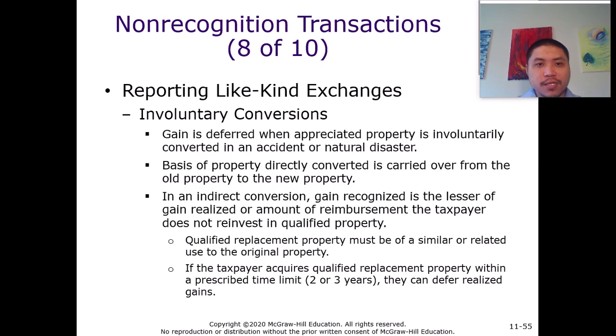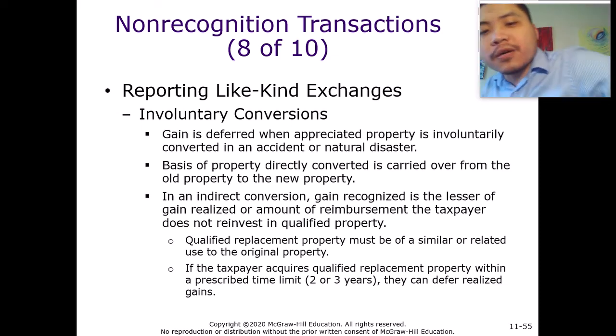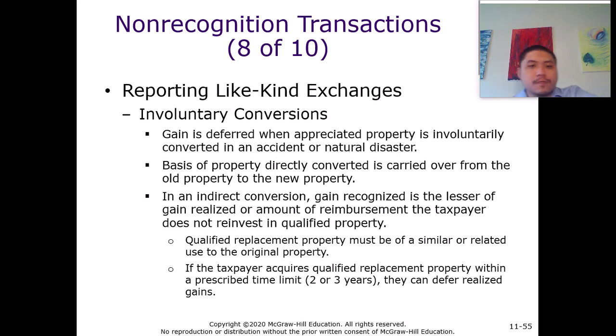All right, so let's move on and talk about involuntary conversion. At the beginning of this section, we already told you about some cases when taxpayers involuntarily have to dispose of their assets, their properties. It could be because of a natural disaster.